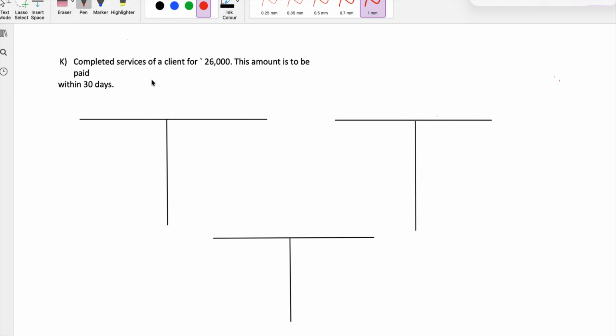Transaction K, completed services of a client for 26,000. This amount is to be paid within 30 days. Okay, so there is this service revenue. Okay, so already we have 30,000 in that. Now 26,000, which is an income. Now here this is a credit sales kind of a thing, a credit service you can say.